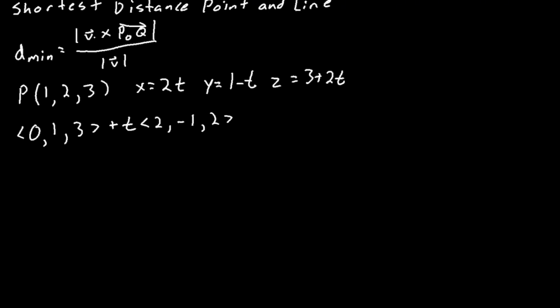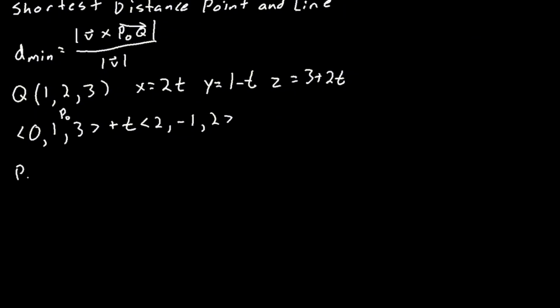And we are going to try to find P null Q first. So P null Q here would technically be the vector from this point to this point. I'll actually change the names for easier understanding. We'll change this to PQ, and we'll just write down a P null up above here.